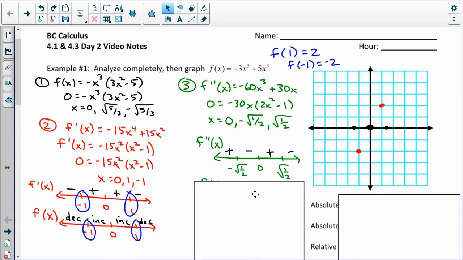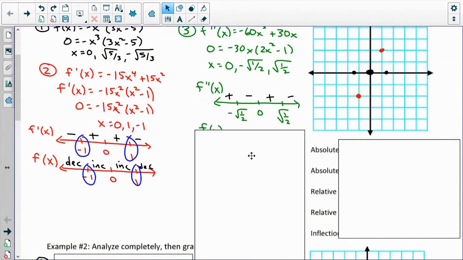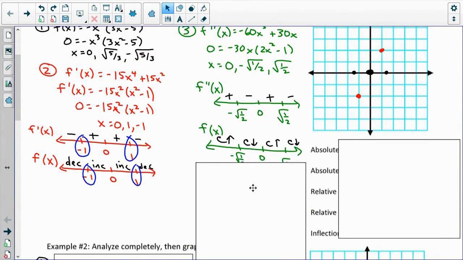If I take a look at a sign chart, I get plus minus plus minus after I substitute in some values, and I'm just saving some time by doing that ahead of time. So that means my function is concave up to the left of negative root 1/2, and between 0 and root 1/2, and then it's concave down otherwise.